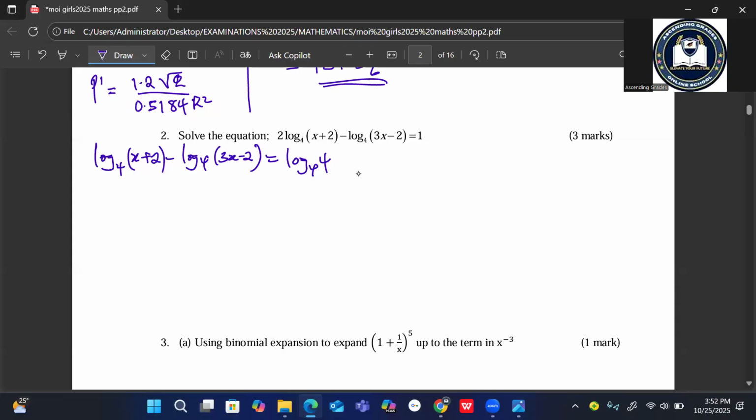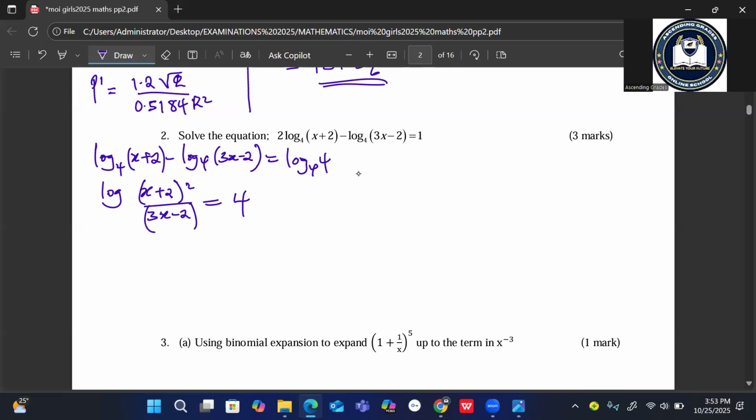So we have everything under base 4, and minus logs means it's division. So we shall have log of x plus 2 squared, divided by 3x minus 2, equal to log 4. We drop the log so that we cross multiply.